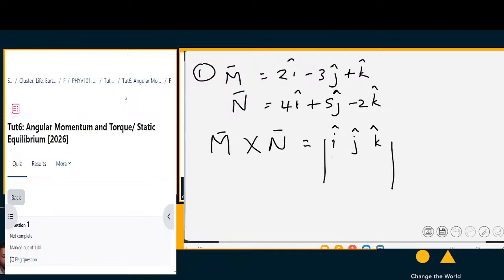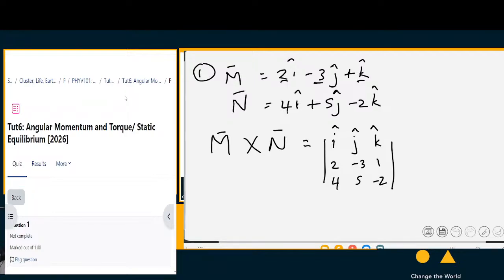Then you write vector number one: the numbers in front of i hat, j hat, and k hat are 2, negative 3, and 1. Here we have 4, 5, and negative 2 for the second vector.